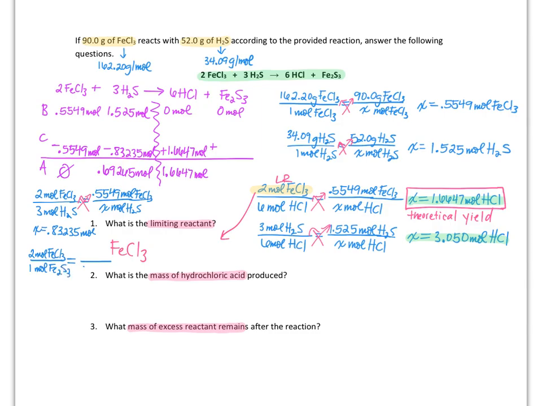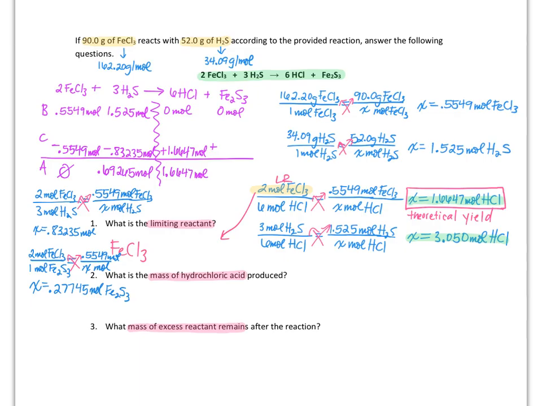Fe2S3, 0.5549 moles, x moles. Okay, cross multiply, divide. We're going to get x equals 0.27745 moles. And again, that is Fe2S3.